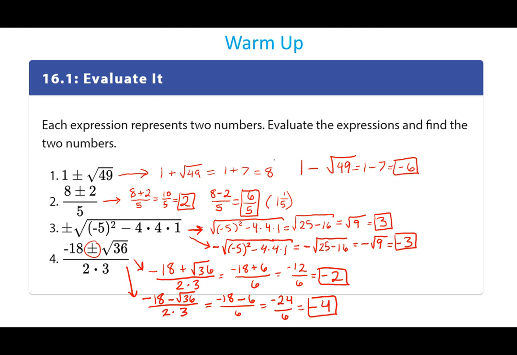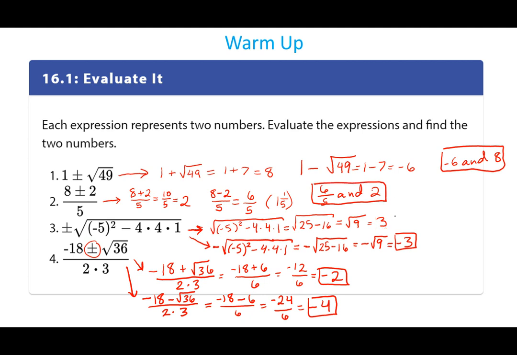So just to do a quick check-in about how we could write this, we could also write our two answers as negative 6 and 8. So putting it all together, remembering that we have two solutions. For number 2, our answers were 6/5 and 2.